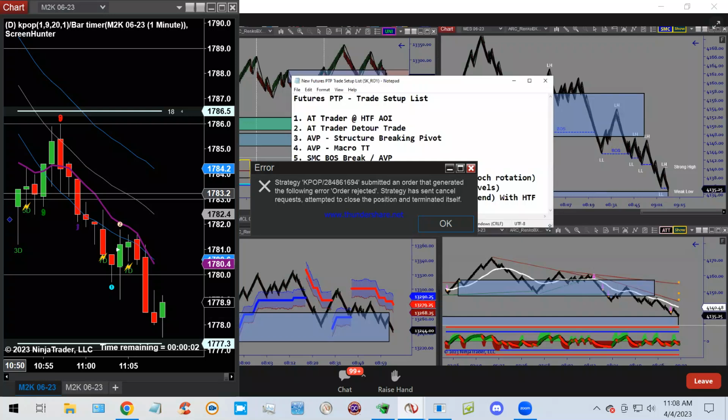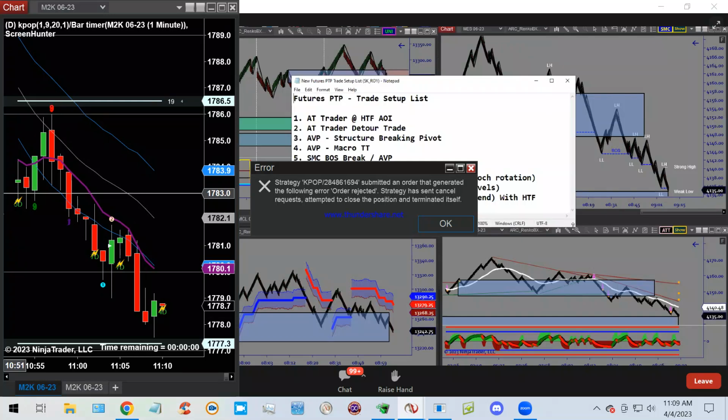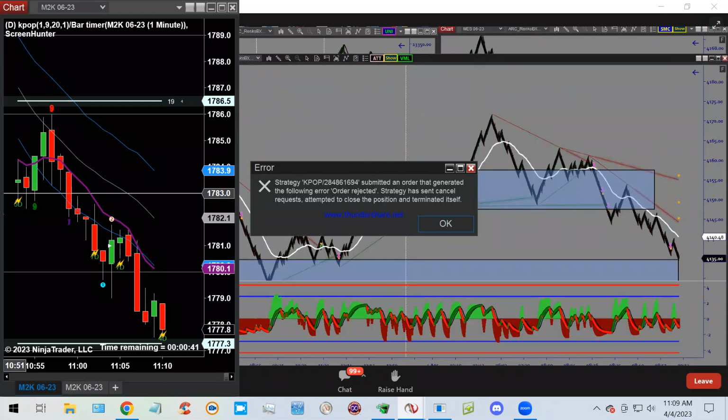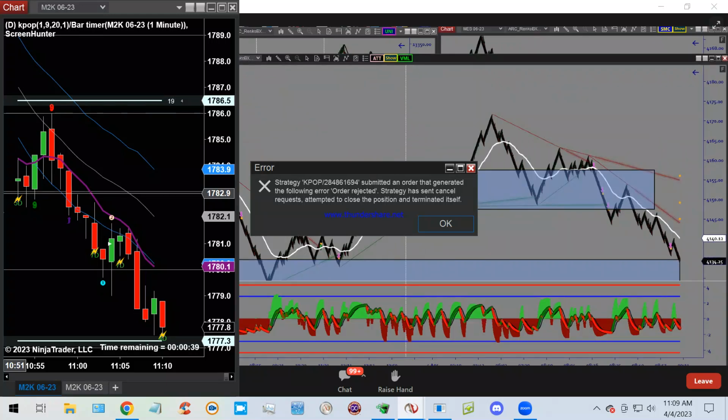In our prop program, today I talked about this. I did not talk about the Bobby special. Bobby has a detour trade. Detour trades are great trades. We've added the VM lean back in here so that anybody that used to trade AT trader breaks can see them in here. Detour trades work.